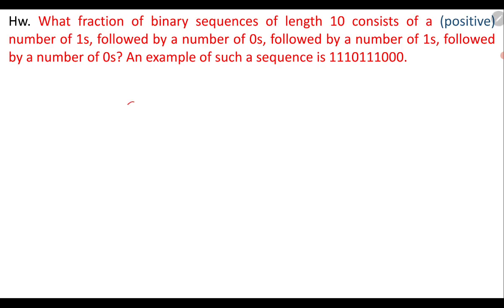So it simply becomes C(r minus 1, n minus 1). And if I have to find the fraction, it means the total possibilities, which is 2 raised to the power 10, because each position can be filled in two ways, 1 or 0.